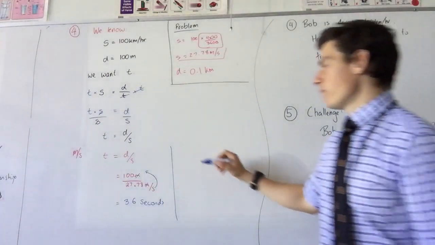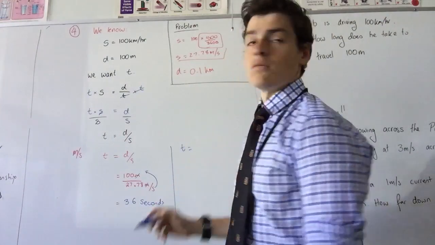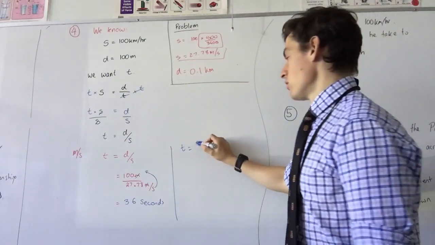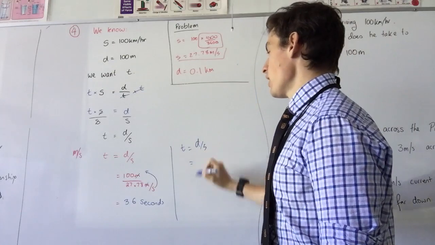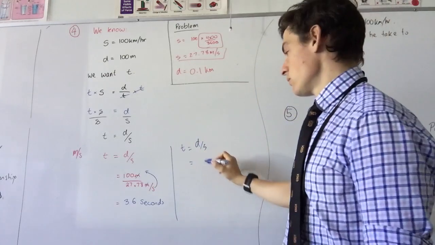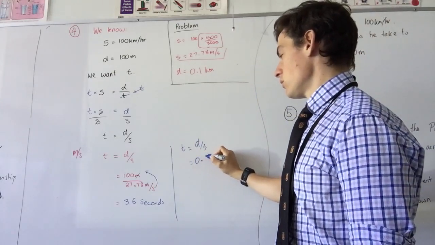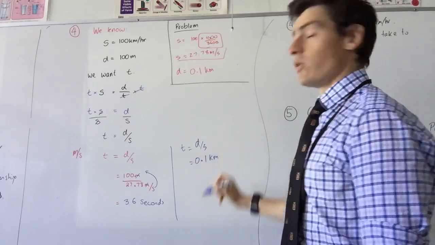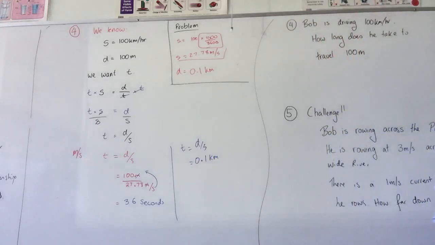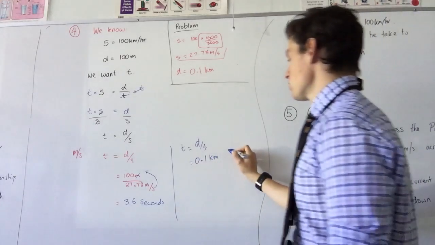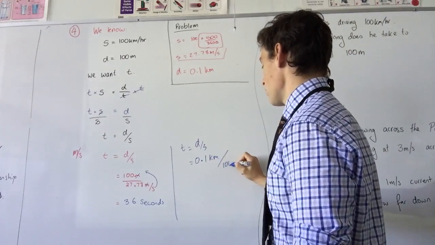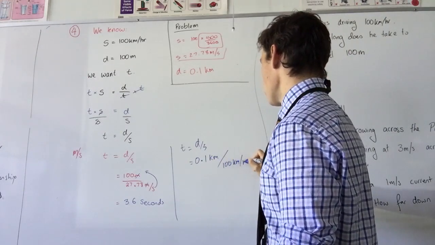Time equals what? Distance over speed. I'm going to do it the other way now. So what's my distance now? It's always 100 metres, but it's 0.1 kilometres divided by my speed, which is 100 kilometres per hour.